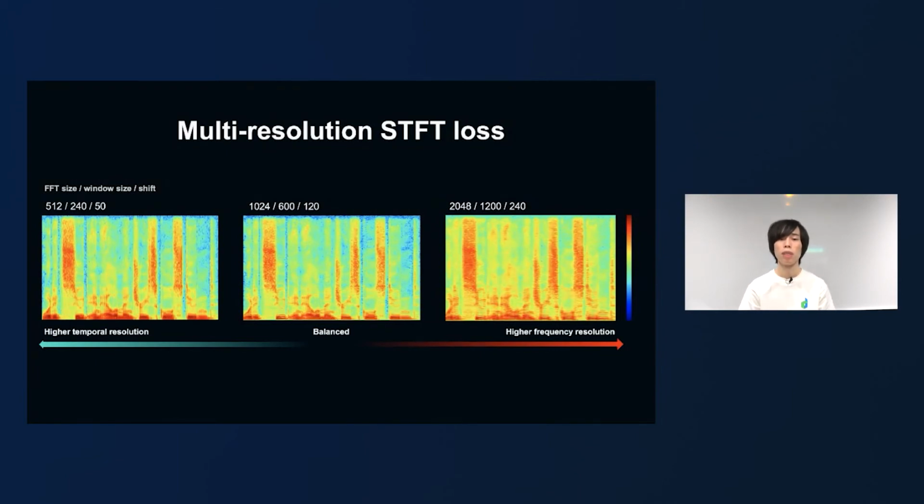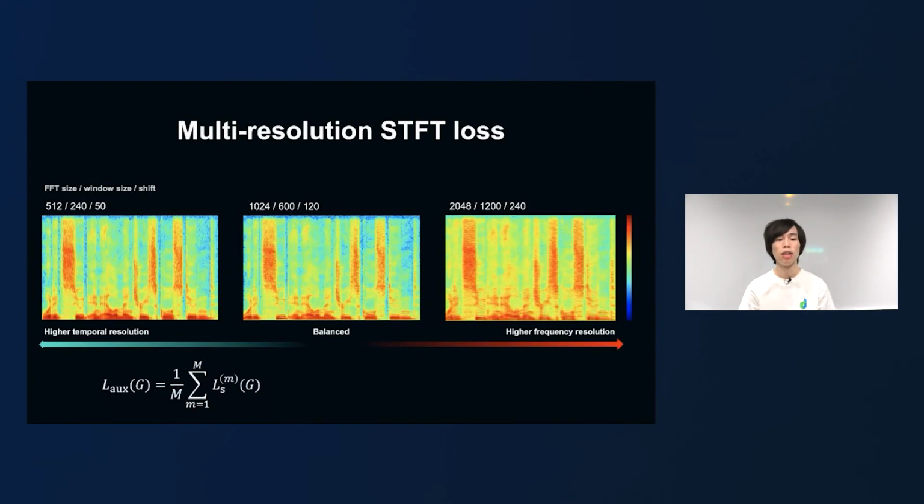To solve this issue, the simple solution is to combine different time-frequency representations. In the case of Parallel WaveGAN, three types of STFT loss are combined as shown here in order to prevent the generator from overfitting into one time-frequency representation.